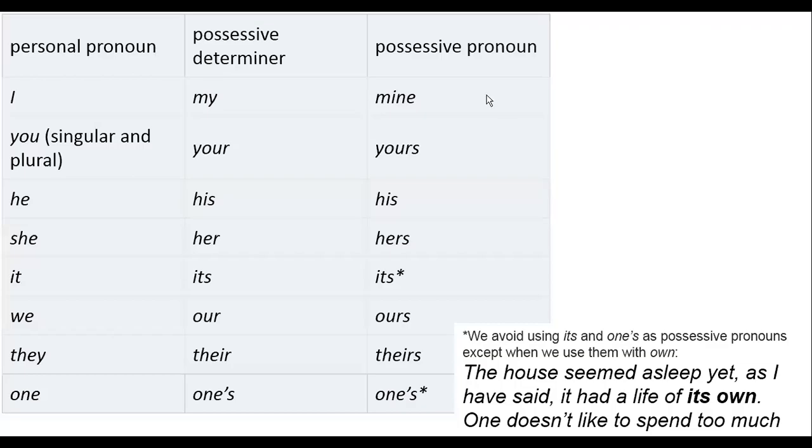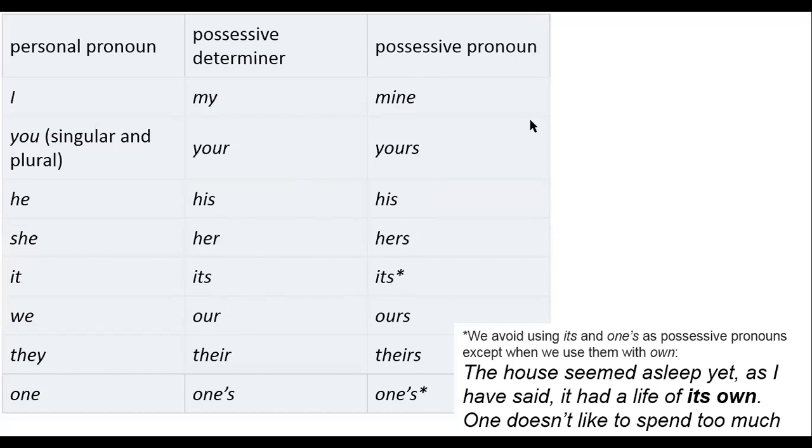Let's get back to the presentation. As we have seen, my, determiner, mine, possessive pronoun. Your, yours. His. You see, his can be used as both determiner and possessive pronoun. Her, hers. Its, ours, theirs.